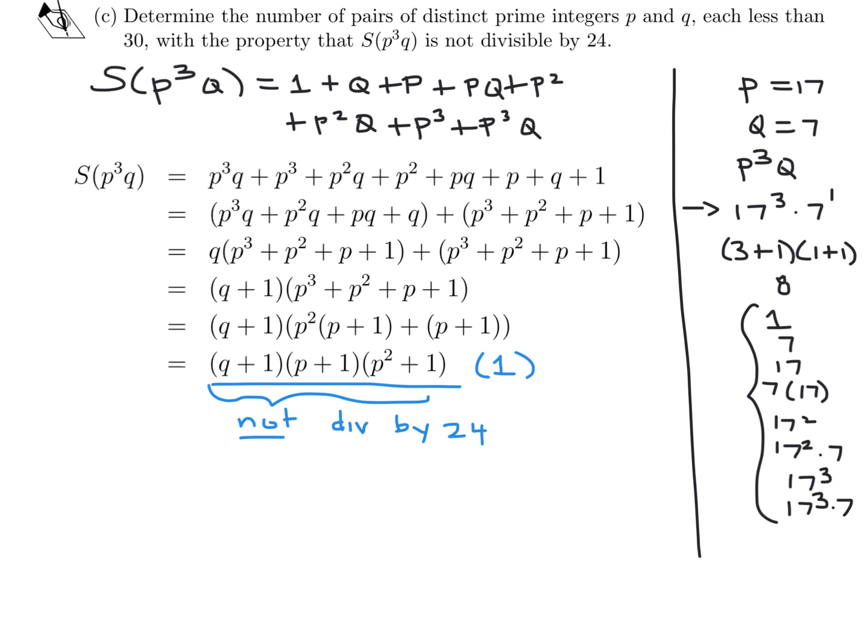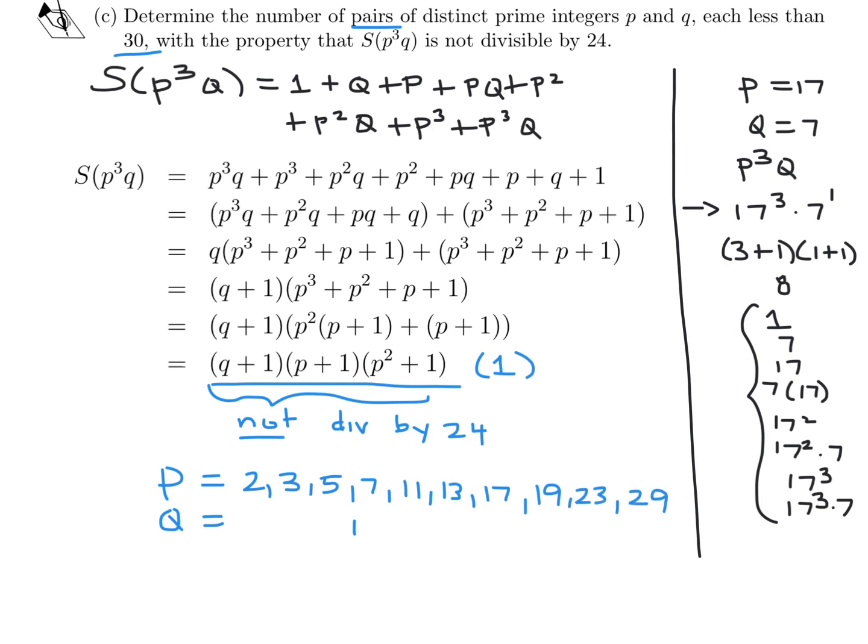Okay, so first of all, how many pairs are there in total, regardless of any condition? Well, for P and for Q, we have to list how many options there are. They told me that both P and Q are less than 30, right? And they're both primes. So first, let's list which primes are less than 30. We have 2, 3, 5, 7, 11, 13, 17, 19, 23, and 29.